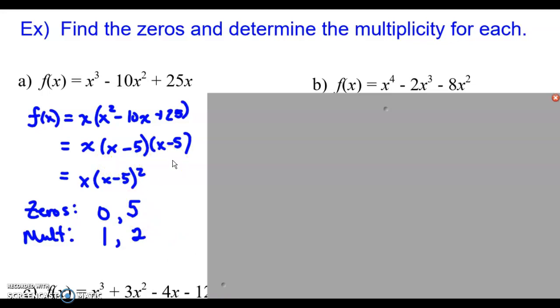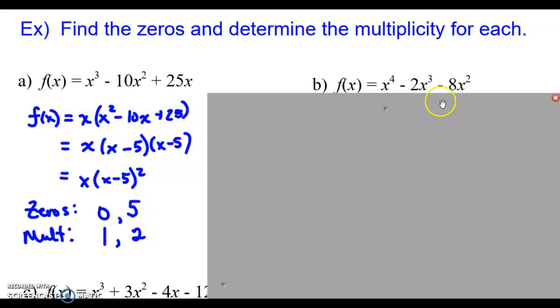Because we want to talk about multiplicity, I'm going to condense that into the shortest form I can. I have repeated factors, so I write it as x times (x minus 5) squared. Then I determine my zeros, 0 and positive 5, and my multiplicities, a 1 and a 2. So we would cross at the 0, but we would turn at the 5.